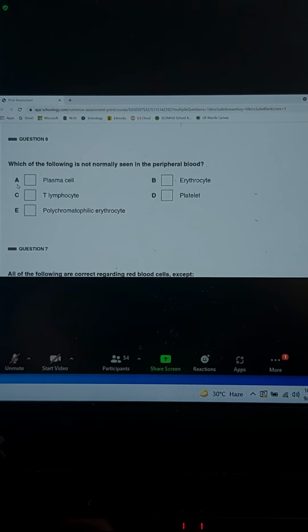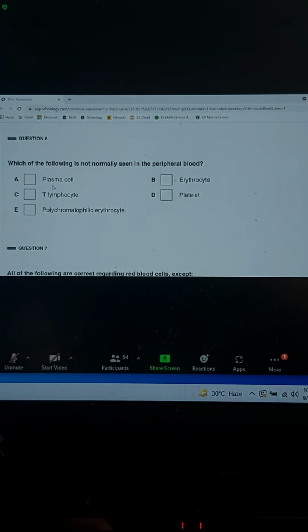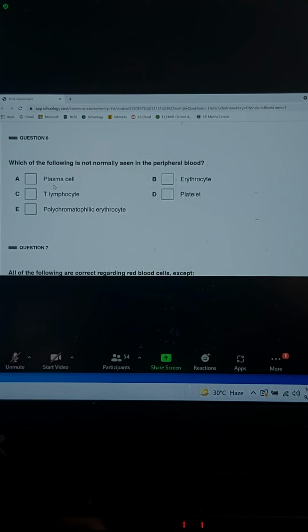So the correct answer for number 6 is letter A. Plasma cell. Kasi wala kayong makikita ng plasma cell sa peripheral blood. Kapag nakakita kayo niyan sa blood, it indicates plasma cell myeloma. Ang polychromatophilic erythrocyte natin, this is your reticulocyte, di ba?